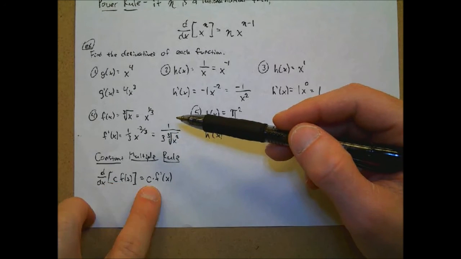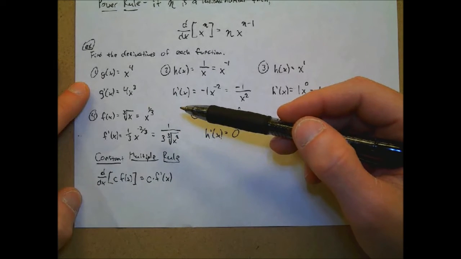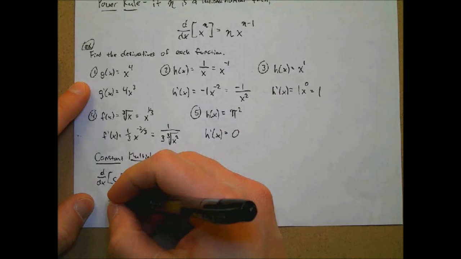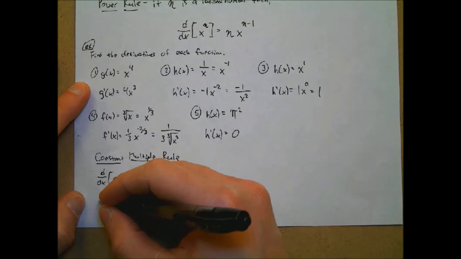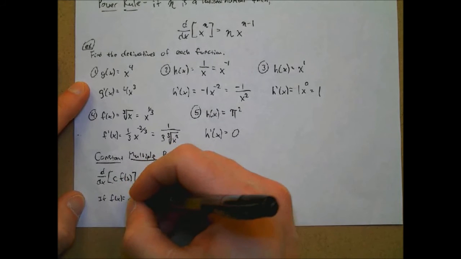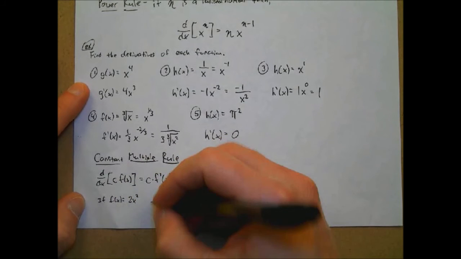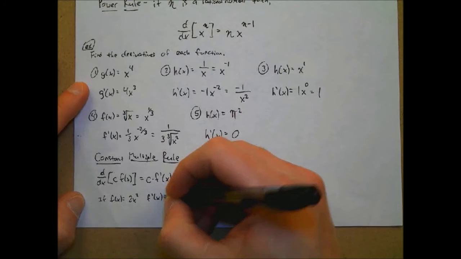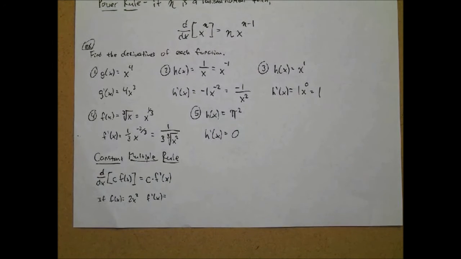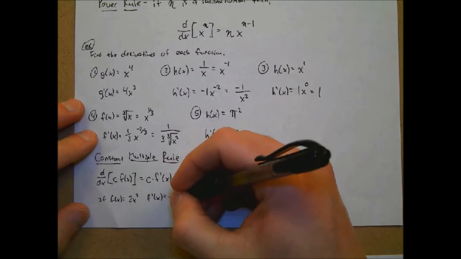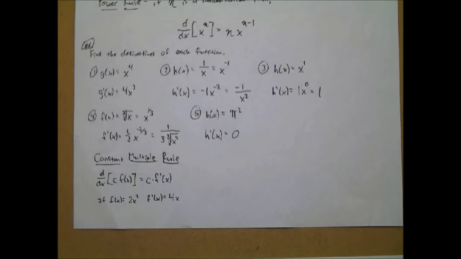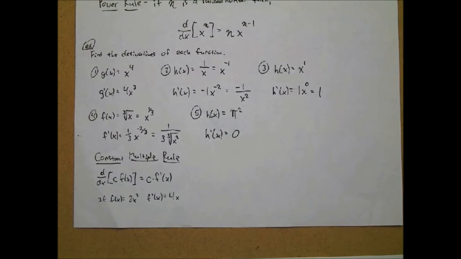So in other words, if f of x equals 2x squared, f prime of x then will equal what? 2 times 2 x to the 1, or just 4x. Okay, so in other words, the power there, when you take its derivative, we bring that power out front and it multiplies with the coefficient there. 2 times 2 equals 4, and then x to the 1. Okay, so you can just do that.